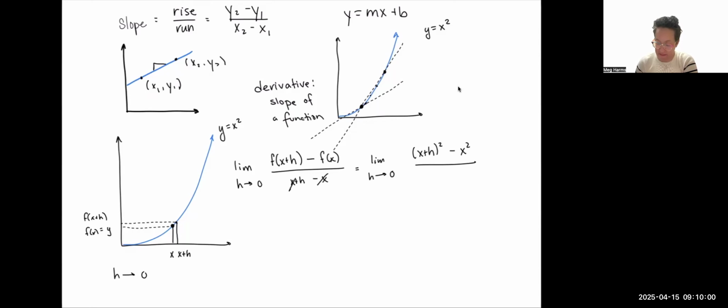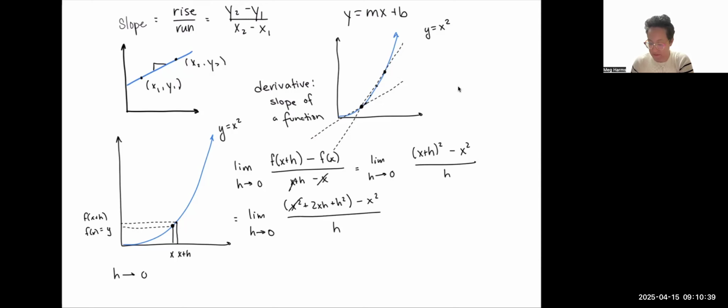Well, the x and the minus x cancel, and we get h down here on the bottom. Now, that might freak you out because we know h is going to 0 and we can't divide by 0. But in calculus, generally speaking, wait till the end before you get too freaked out by a divide by 0, because a lot of times things are going to cancel. And that's what's going to happen here. All right. We can FOIL out the top. So we'll get x squared plus 2xh plus h squared here, minus x squared all over h.